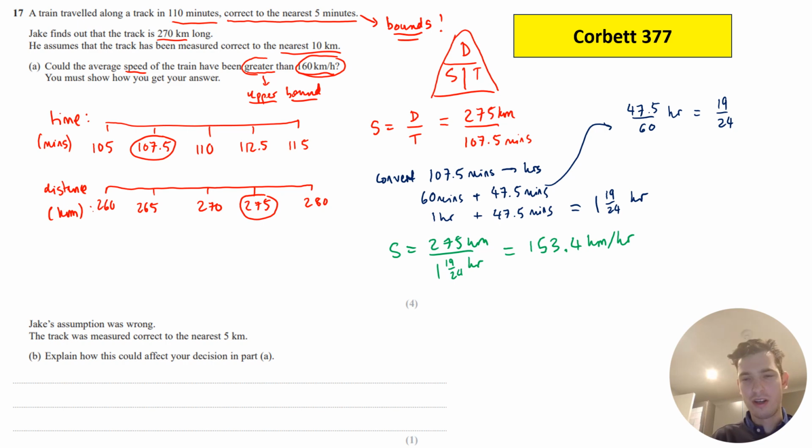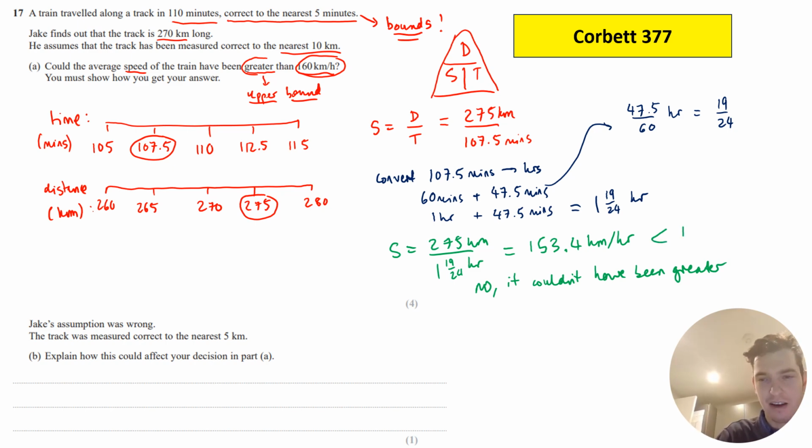So what's our conclusion? That is our maximum possible speed. Could it have been greater than 160? Well, my answer is no, it couldn't have been greater. And the reason is that this number that I've got is less than 160. So that's what I would need to say.